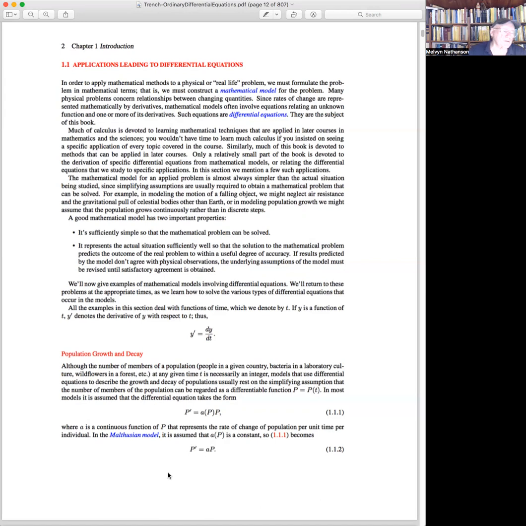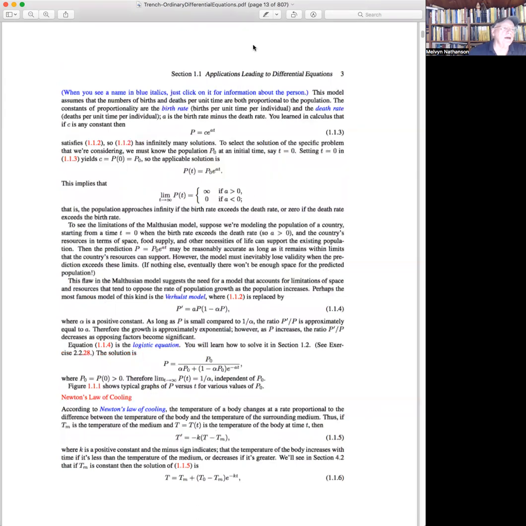P prime is some scalar, some number, times P. And you learn in calculus that the solution of that equation is P equal to some constant C times e to the At.